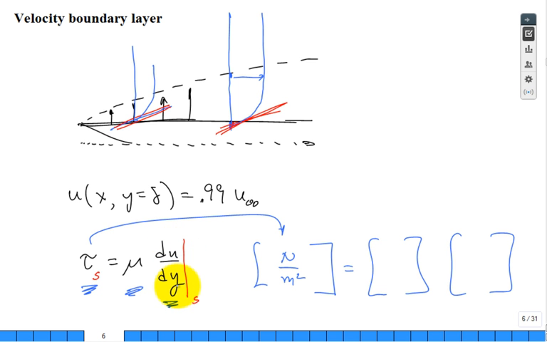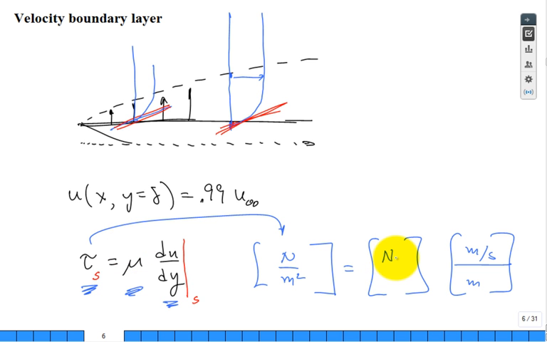Du dy. That's a ratio of a change in U, which is a meter per second, over a change in Y, which is a meter. SI units look okay? So that would boil down to per second. So what has to be the units of mu?